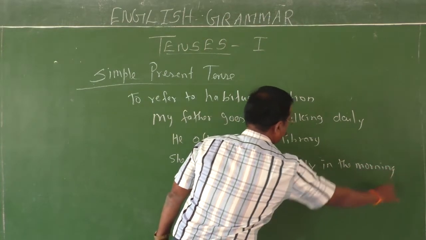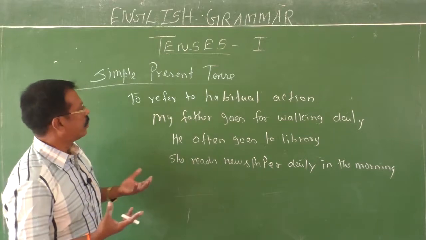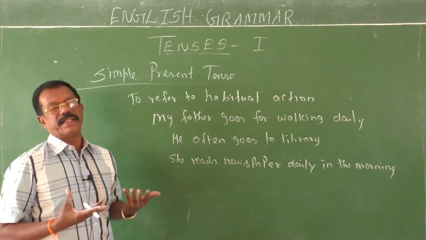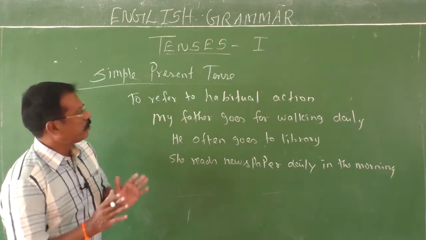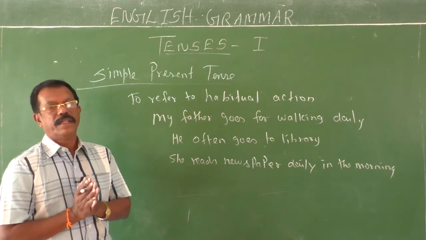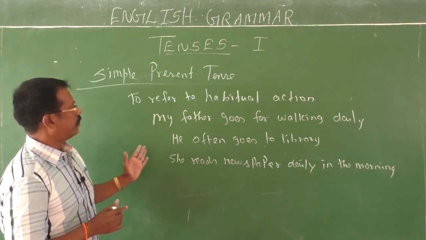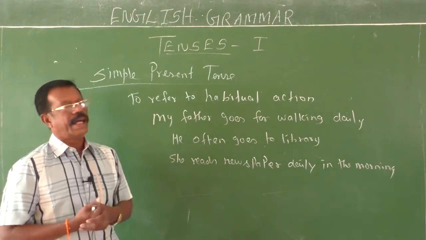Now go through all these three examples, children. These sentences show the regular and habitual actions of the persons. So when you want to refer to regular and habitual actions, there you have to use the present form of the verb. So the chief use of the present tense is to refer to habitual action.